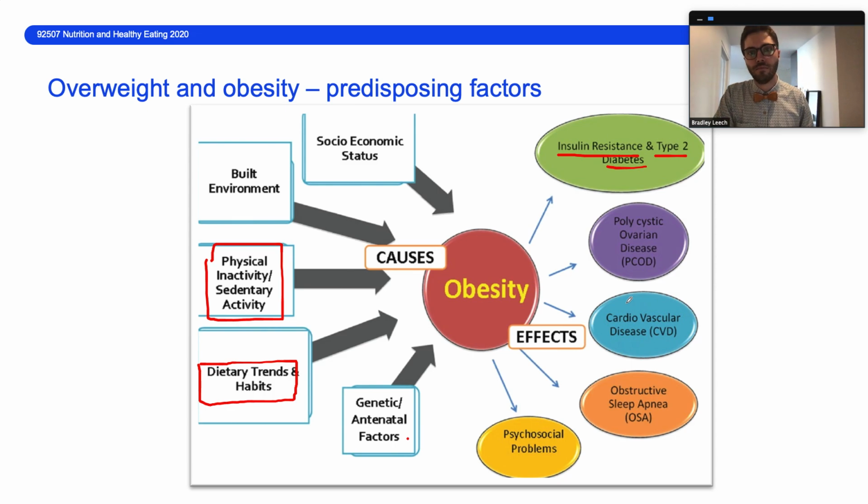Cardiovascular disease. Now here's a fun fact for you. It is estimated that for every 1 kilo of extra body fat you carry, there is an additional 11 kilometers of blood vessels. Isn't that incredible? So that just goes to show that when you have obesity and you gain weight, you put on kilos and kilos of body fat, and for every kilo of this body fat, we've got to get nutrients to these cells.